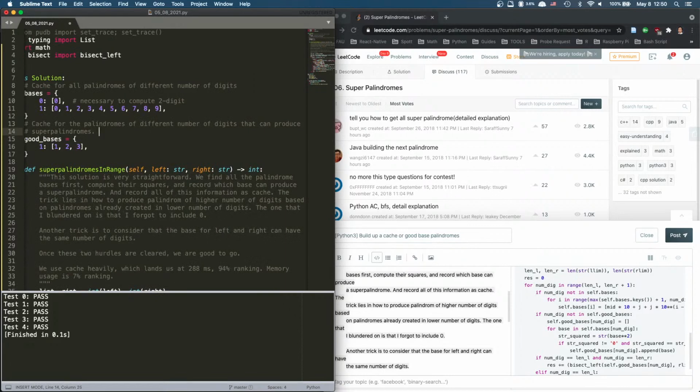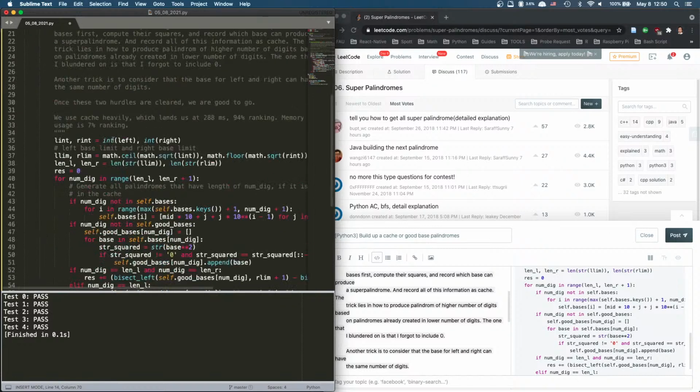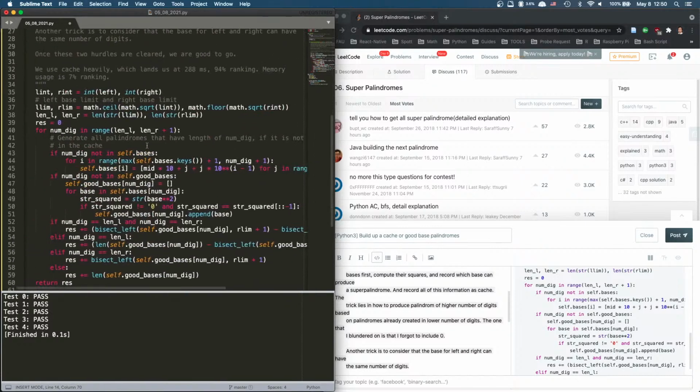We obtain the solution by counting this bit, right? So if it is not in the cache, right?